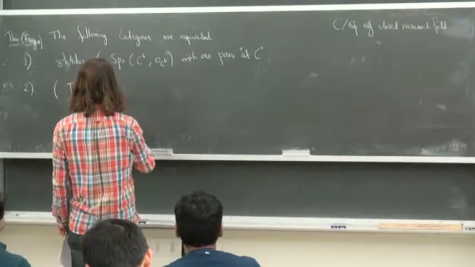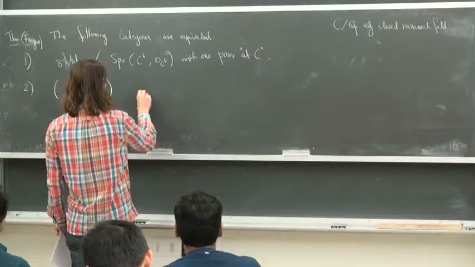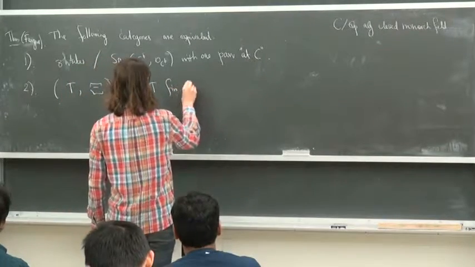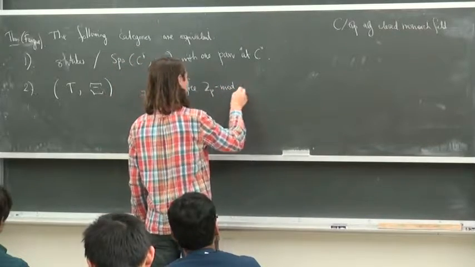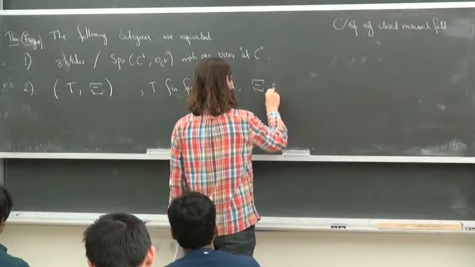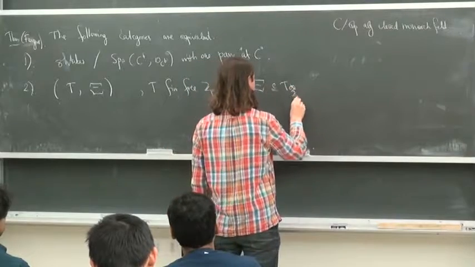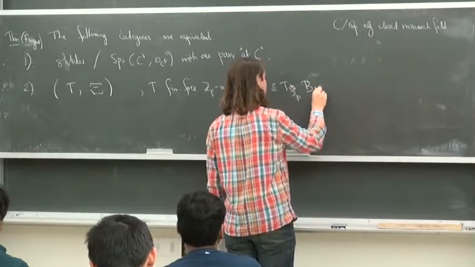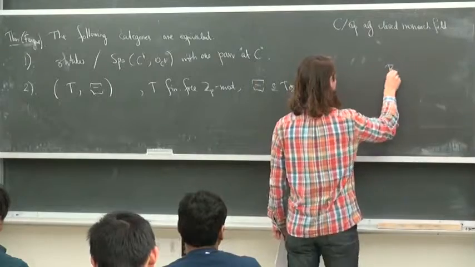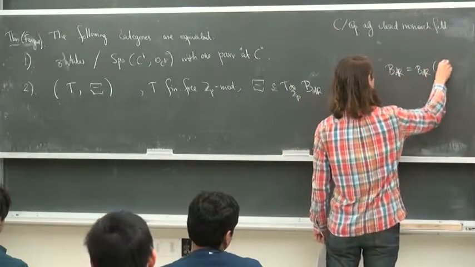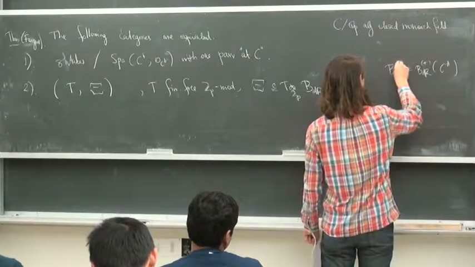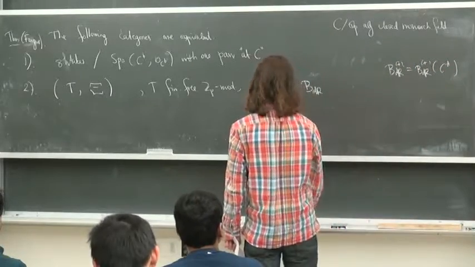pairs (T, psi) where T is a finite free Z_p module and xi in T tensor Z_p beta rom, meaning beta rom C sharp, or also with a plus. You mean C?